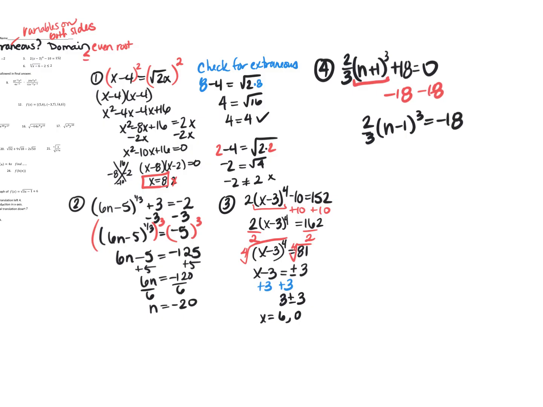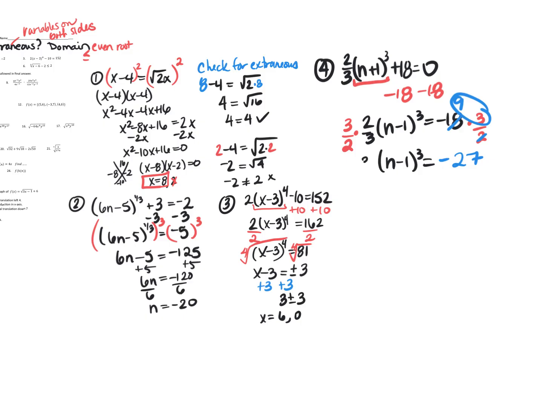To get rid of a fractional coefficient, we multiply by the reciprocal, 3 over 2. (n minus 1) cubed. We're going to cross cancel here. 2 goes into 18 9 times. 9 times 3 is 27. So negative 27.